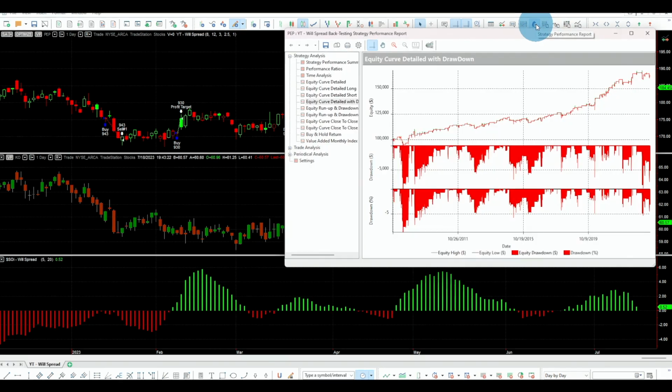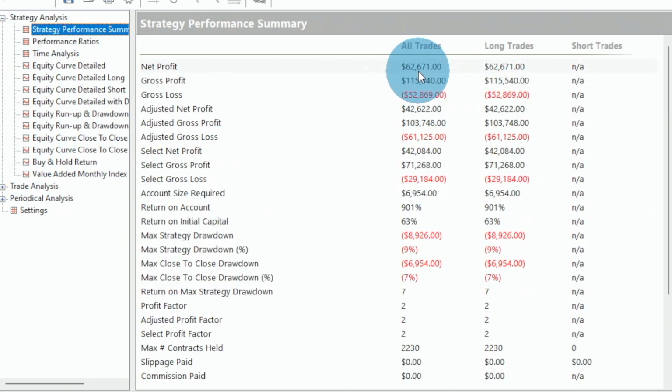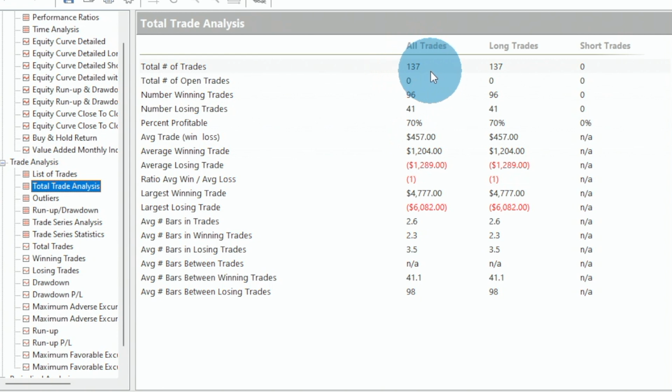If we check this strategy, it is performing well with about $10,000 in drawdown, but the performance is now $62,000. And if we check the total trade analysis, about 137 trades with $450 on average.